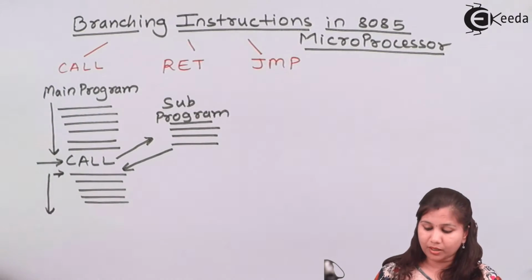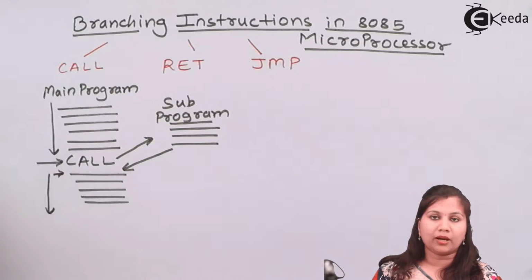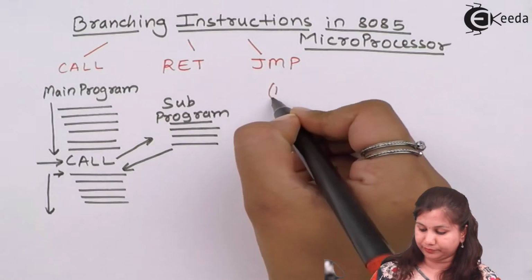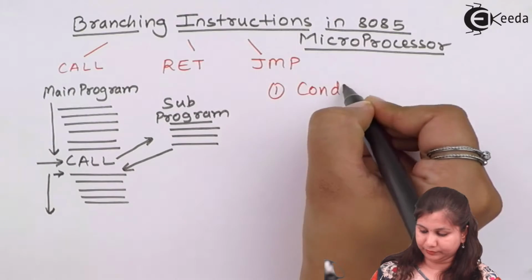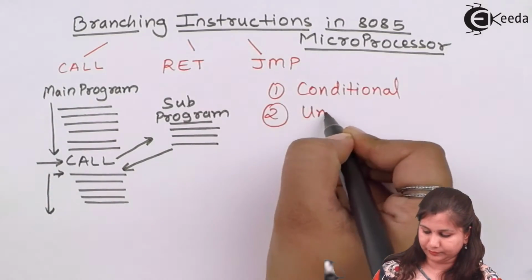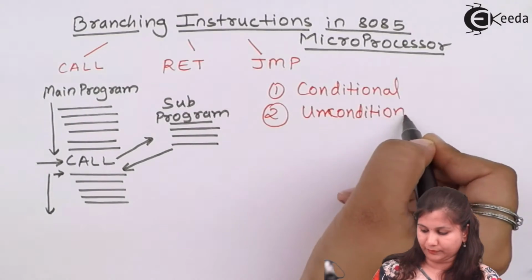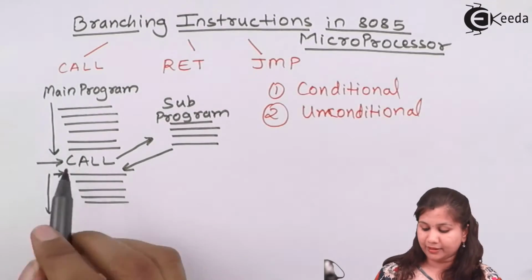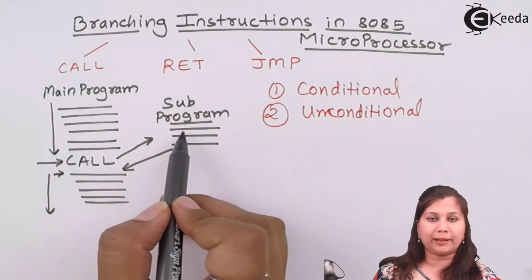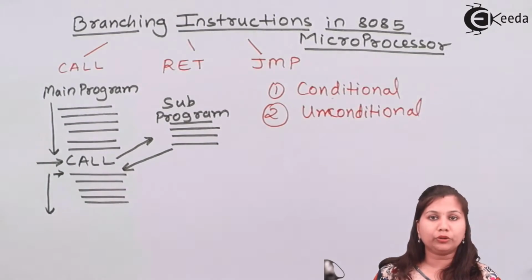Okay, now in these instructions we have two types. One is conditional and second is unconditional. Conditional means that this branching of the program will be done only when some condition is true.